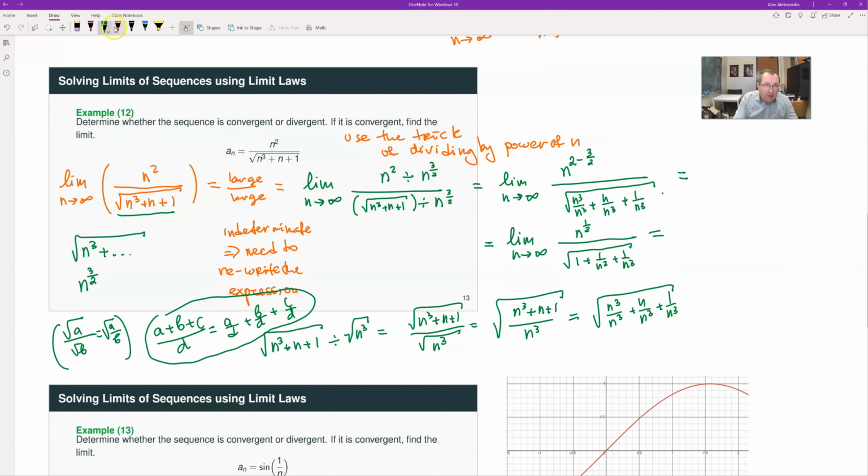So now I will start thinking. Am I ready to make a conclusion? So I have this element go to 0 as n goes to infinity. That second 1 over n squared will also go to 0. And the whole denominator will go to 1 plus 0 plus 0. Now, the numerator will go to infinity. It's a positive number. I'll take a square root. It's still a positive number.